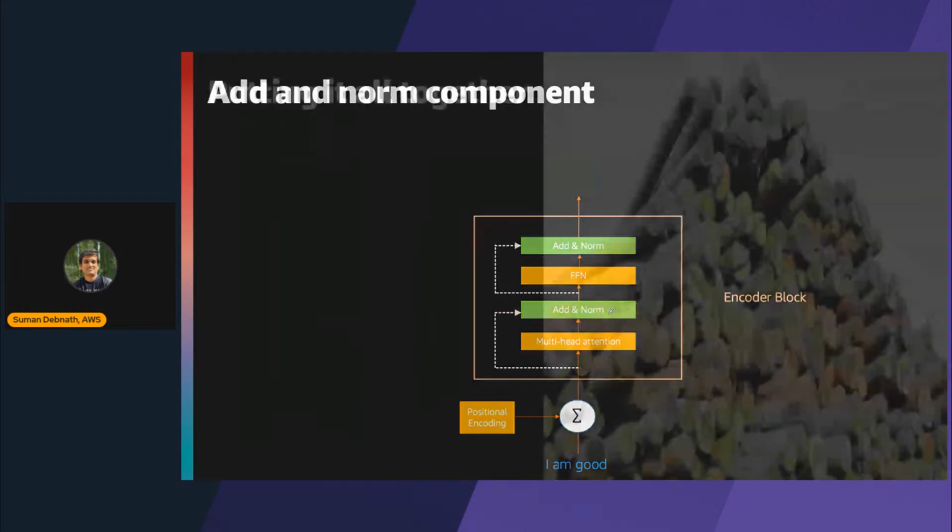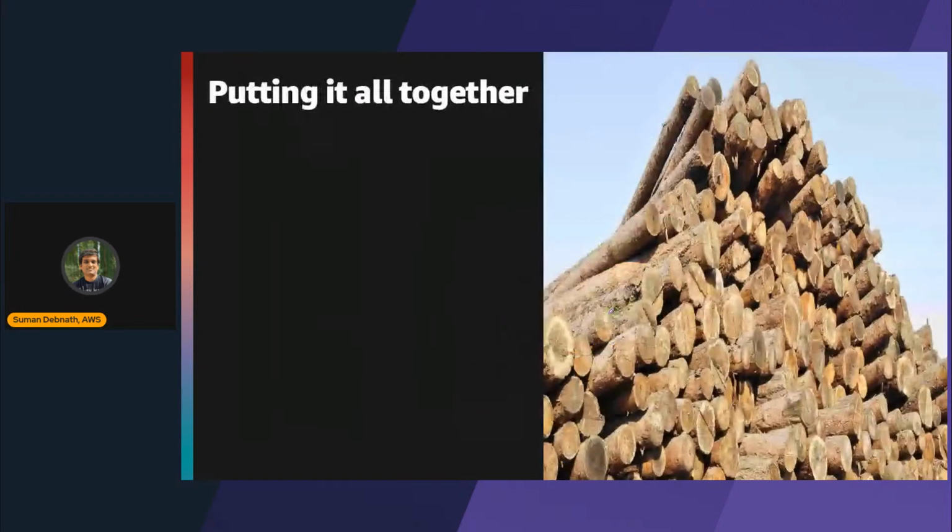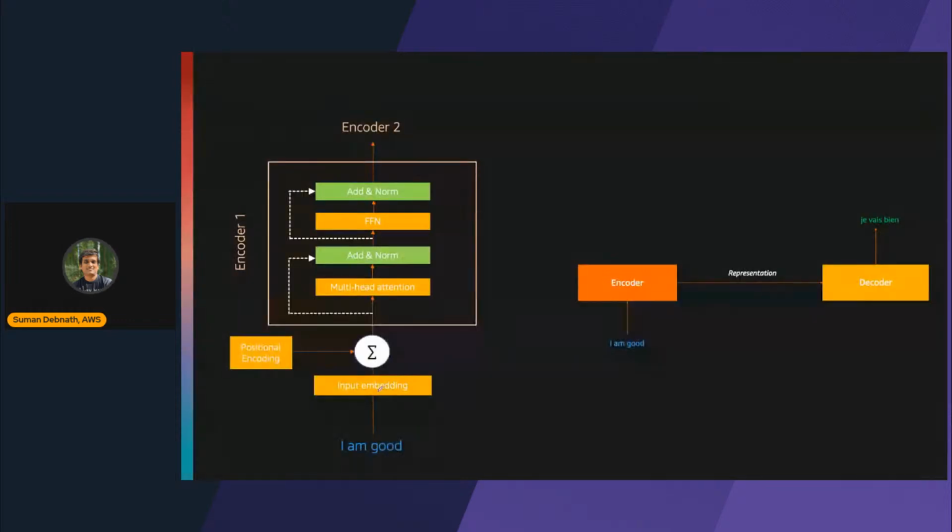Now if you put it all together, it looks like this. You have the input embedding. If you remember, we used those 512-dimension embeddings, but it can be any embedding, there are a lot of embeddings available. Then you do the positional encoding, and then you pass it on to multi-head attention, then add and norm, then the feed-forward neural network, and again add and norm, and that's all.